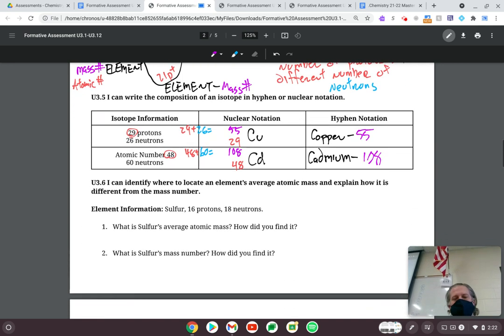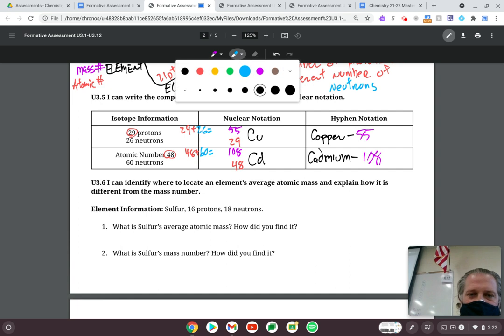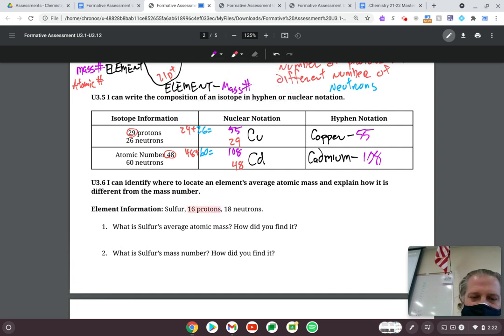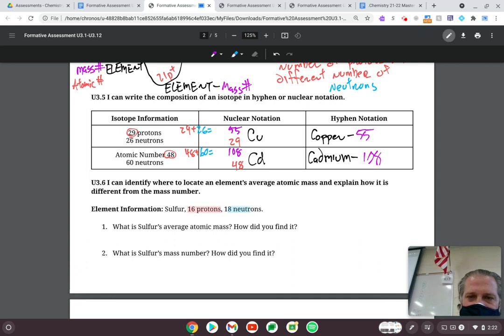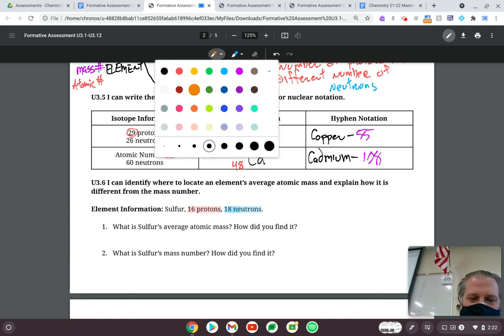All right, so now we have some other information. So we're figuring out here that we are told that sulfur has 16 protons. We are told that sulfur has 18 neutrons, like so. And you're asked to identify sulfur's average atomic mass. So sulfur's average atomic mass is, I'm going to locate sulfur in the periodic table. Sulfur is element 16. Element 16 is sulfur.